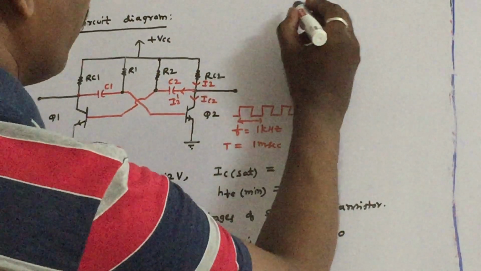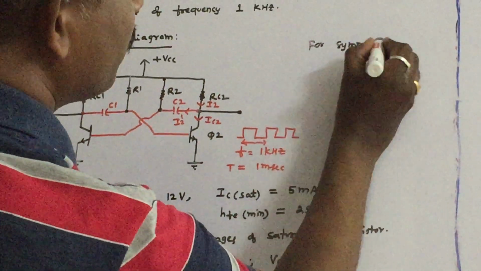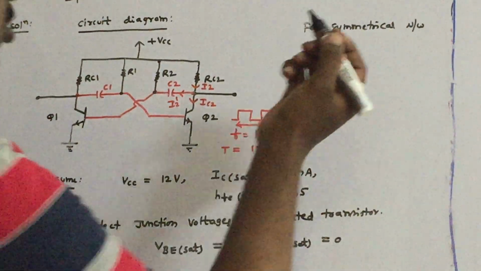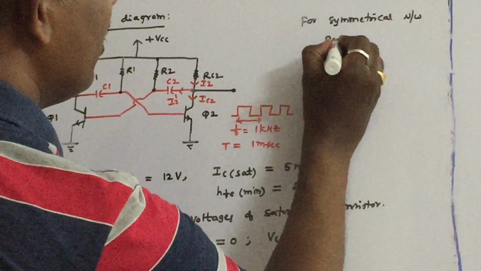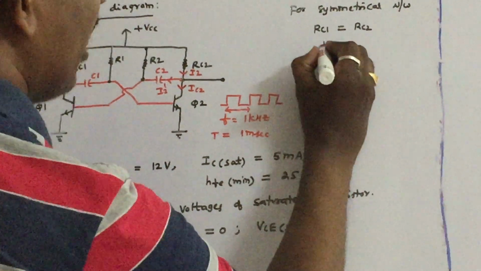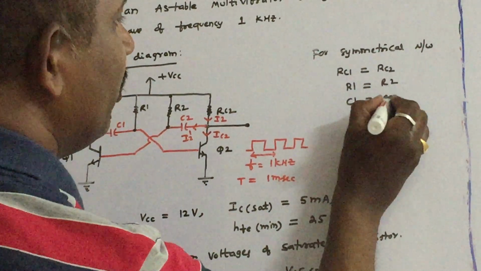Therefore, for a symmetrical network, to generate a symmetrical square wave, RC1 is equal to RC2, resistor R1 is equal to R2, and the capacitor C1 is equal to C2.